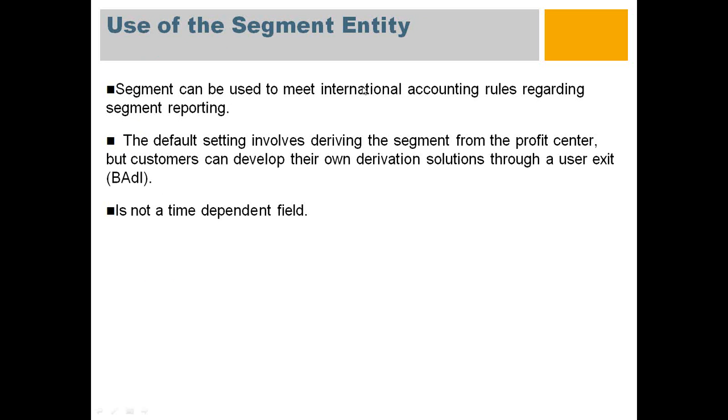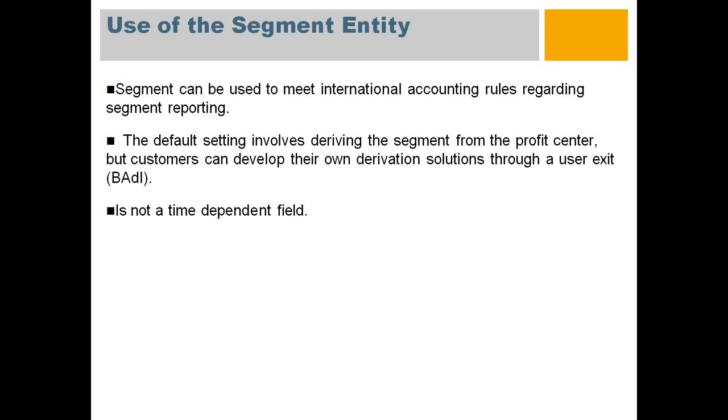Segments can be used to meet international accounting rules. So if a company has more than 20% of the business from any segment, they're required to maintain a balance sheet by that segment. For example, ExxonMobil: if 20% of their business is coming from the real estate sector, they're required to maintain a separate balance sheet for that.